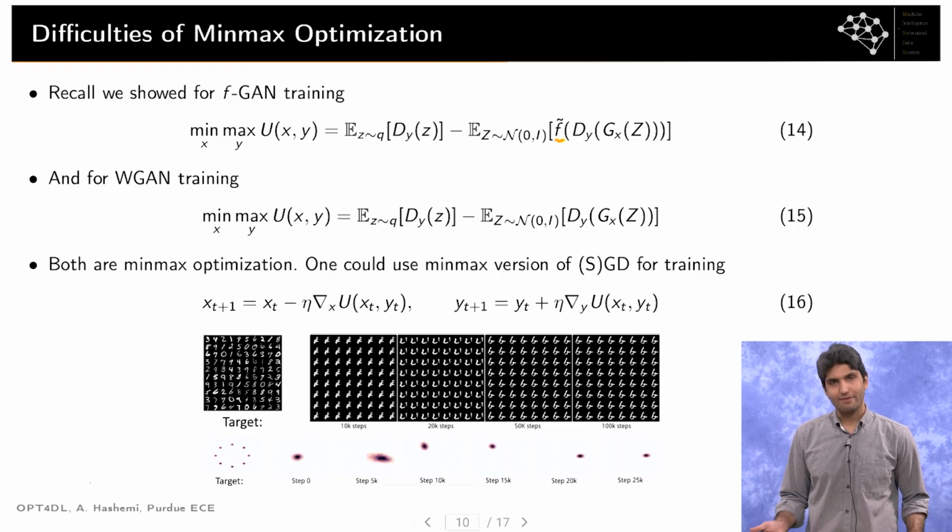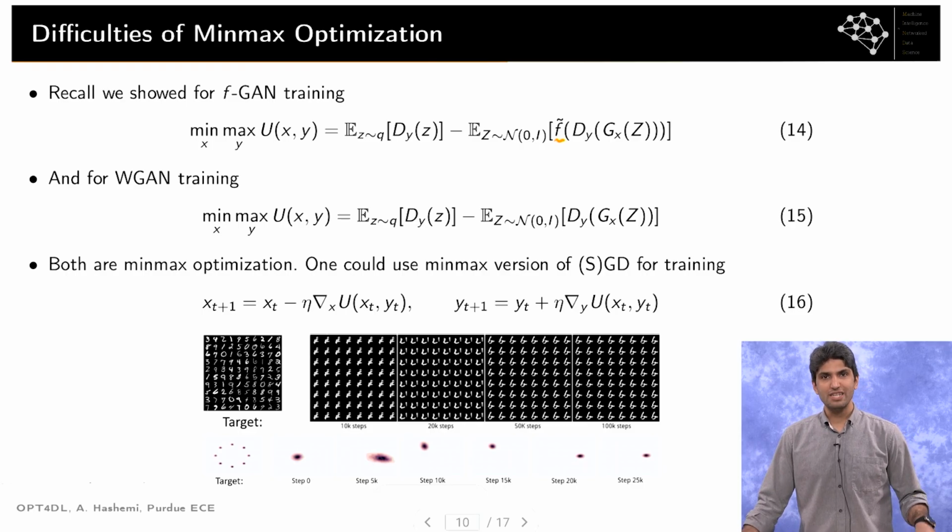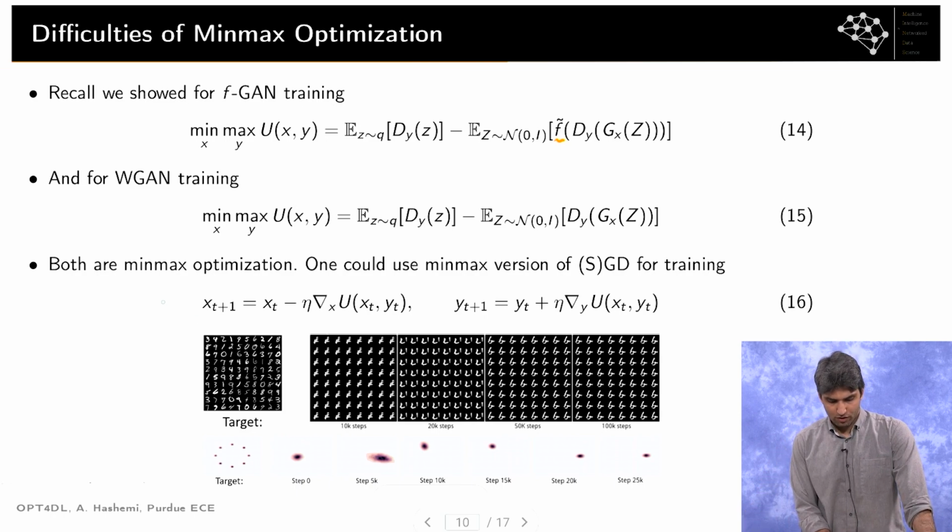So what's the idea? The idea is that, well, you have two agents. One of them tries to minimize the objective. The other one wants to maximize the objective. Now, we know that the gradient points towards the direction of increase. So if you want to minimize, in particular when you want to train the generator, you perform gradient descent. Okay, so you take the gradient of your objective with respect to x, and then move along its negative direction.